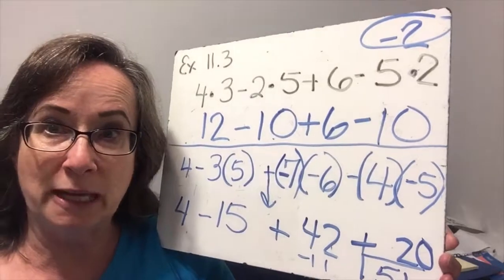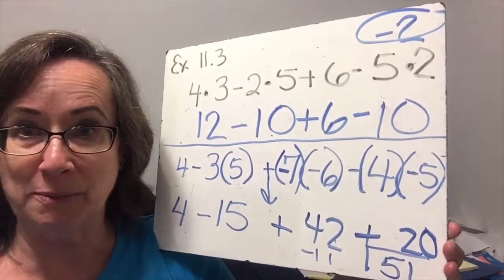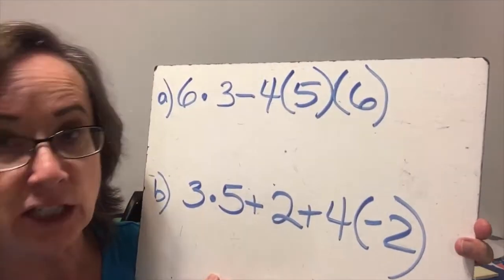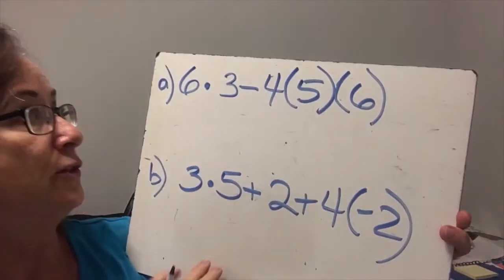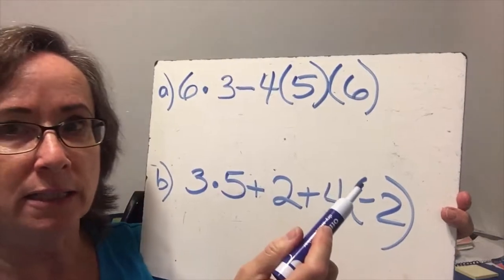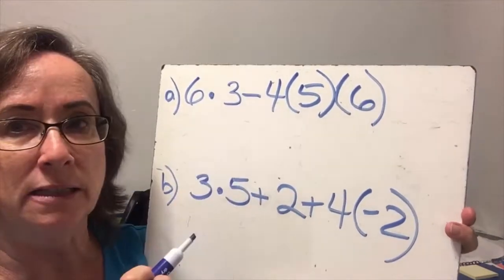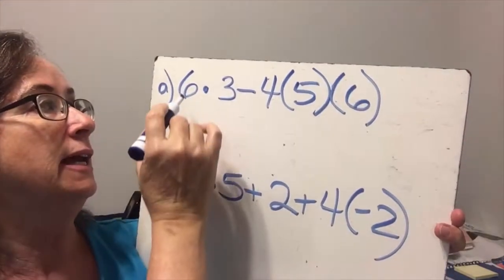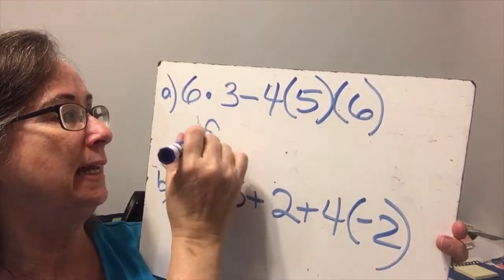Okay, so now we're going to come back and do 4 practice problems. So here are our A and B practice problems on page 53 of your book. So we're going to go left to right and do our multiplication, and then come back and do our addition or subtraction. In this case, we have a subtraction sign. 6 times 3 is 18.